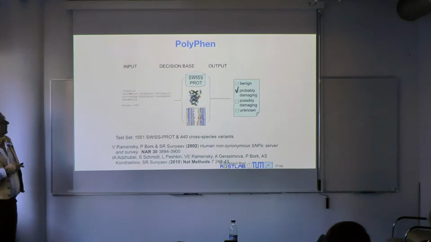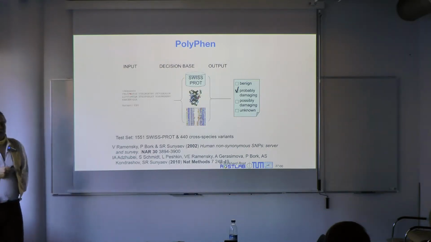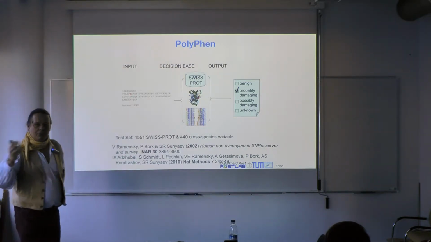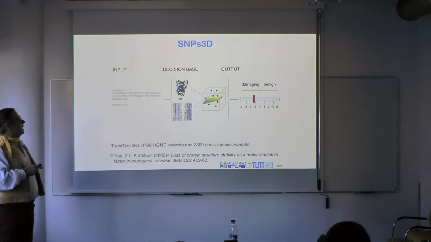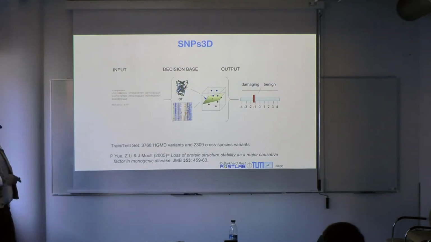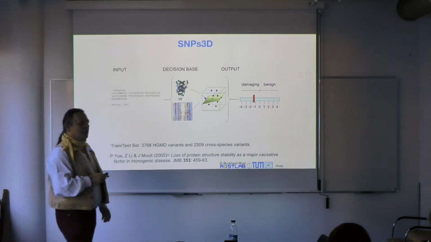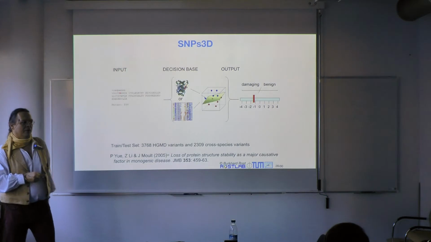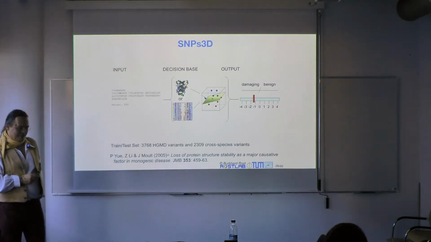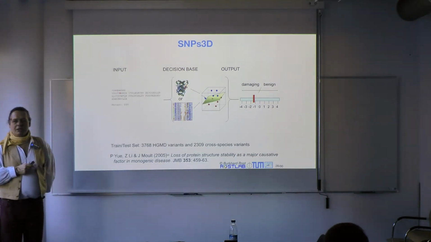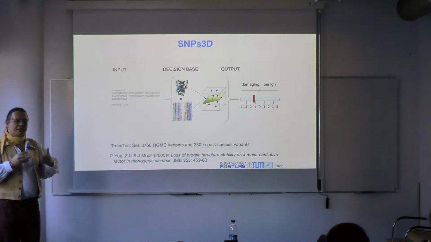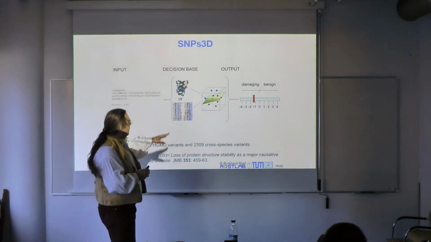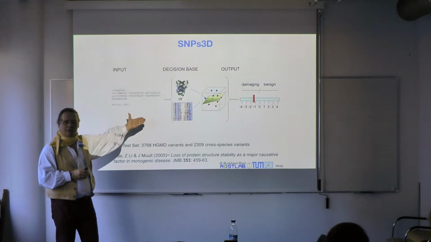That's PolyPhen, the original PolyPhen. The next level of PolyPhen was the same idea, but put machine learning on top of it. SNPs3D is a method that goes back to John Moult. And that idea really is, if for a particular protein you also have the three-dimensional structures, then that tells you a lot about the way you can change that decision.